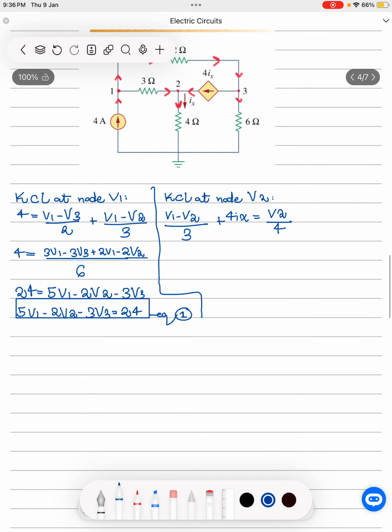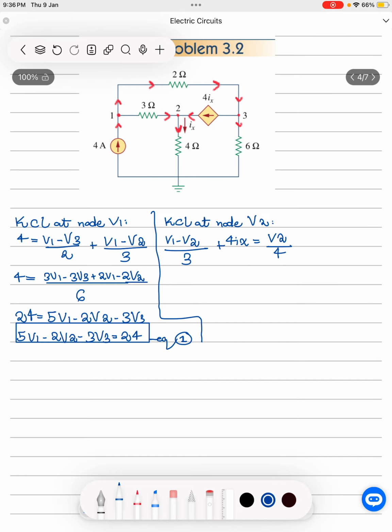Now, since we have 3 node voltages V1, V2 and V3, we're going to end up with 3 equations, and so we should have 3 variables to solve for. But in this equation we can already see that there are more variables: V1, V2, and there is Ix as well.